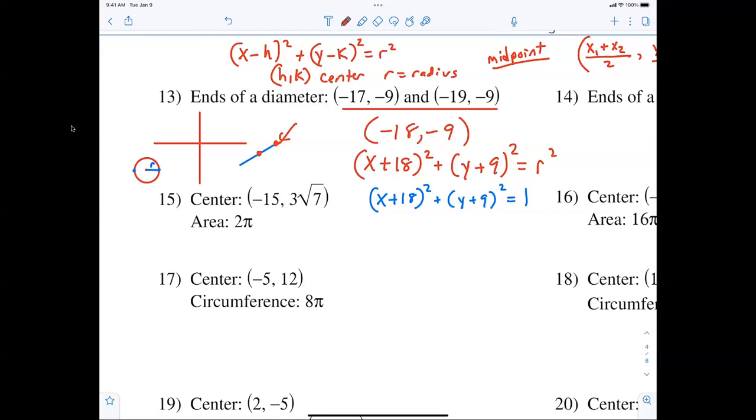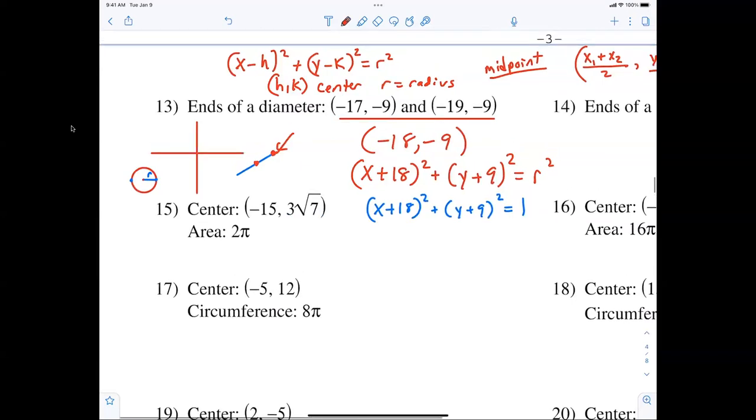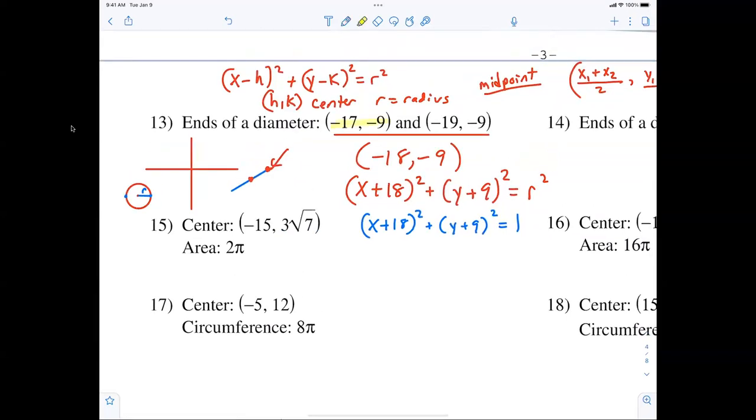And this point is also on the graph, correct? So these points satisfy the condition of this equation. Does everybody agree with that?